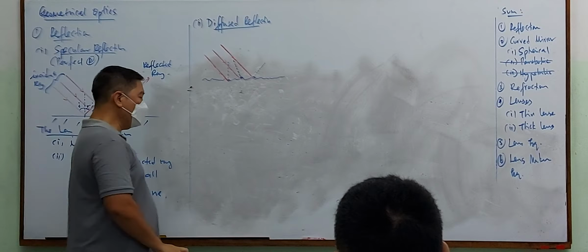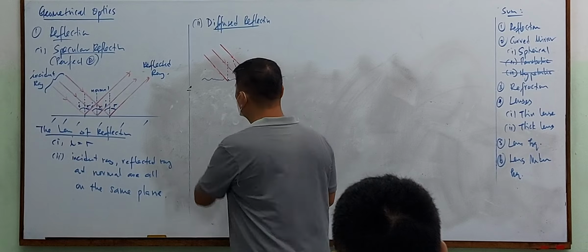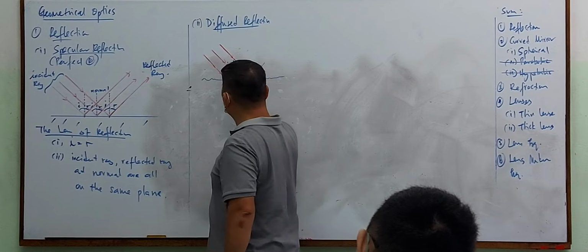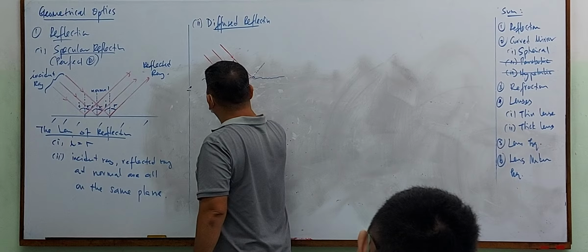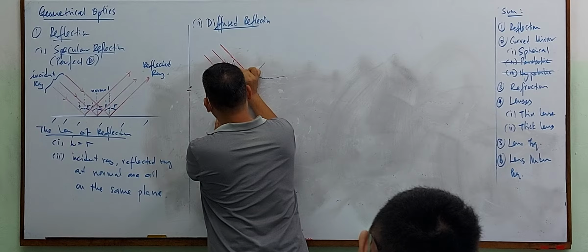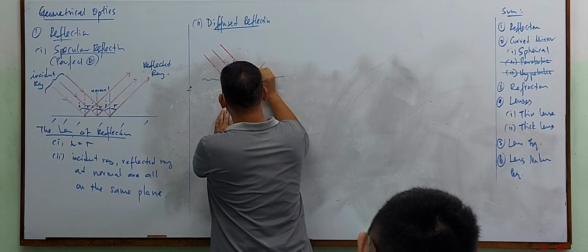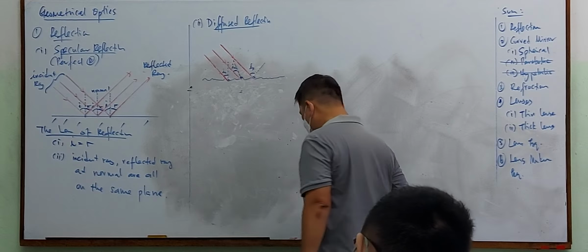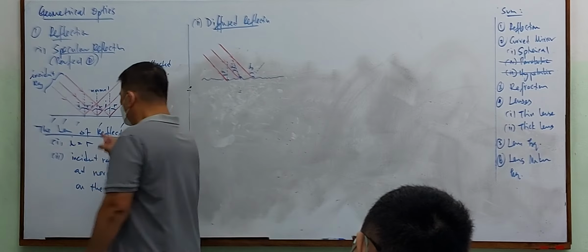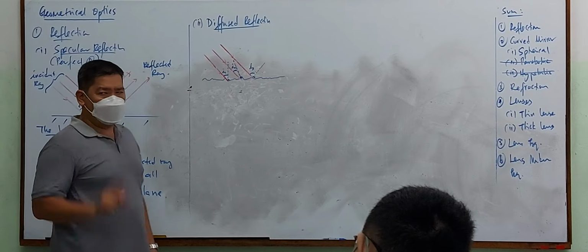So what is your angle of incidence? Now we have different angles of incidence, right? The first one here is I1, this one is I2, and this one here will be I3. They are all different. But according to the law of reflection, your R and I must be the same.